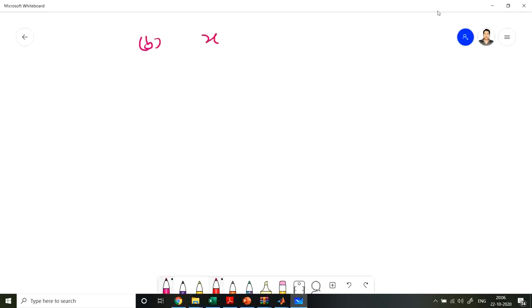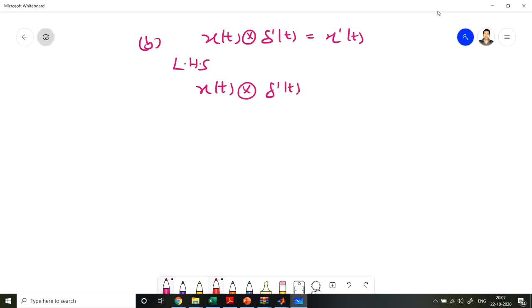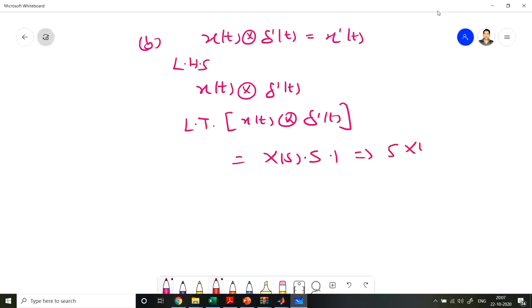Again, we have part B, that is xt convolution with del dash t is x dash t. If we see the left hand side, the Laplace transform of xt convolution with del dash t is equal to xs multiplied by the Laplace transform of del dash t, because convolution is converted to multiplication, and the Laplace transform of del dash t is s into 1, so it is s xs.